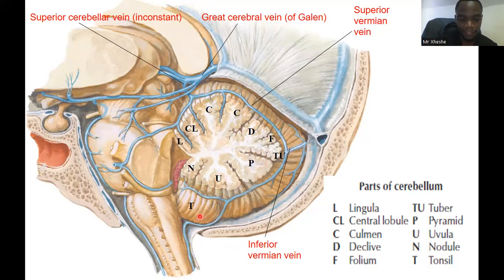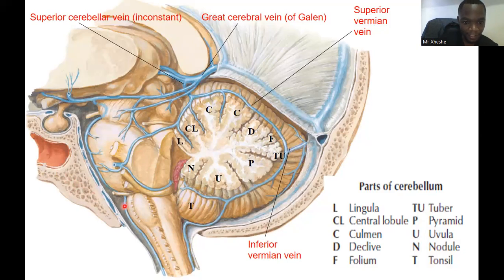Now observe that the tonsil is the part of the cerebellum that lies closest to the medulla oblongata. That is the medulla oblongata. This is the pons. This is the medulla oblongata, right? Then this is a skull bone. This is the occipital bone. That is the sphenoid bone.